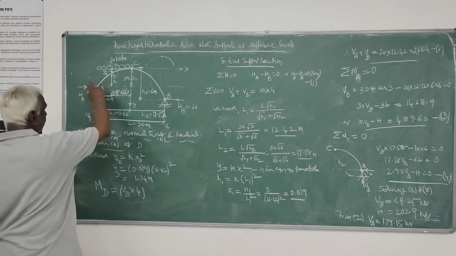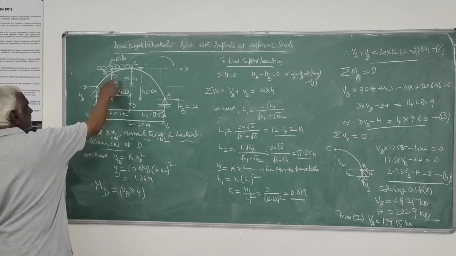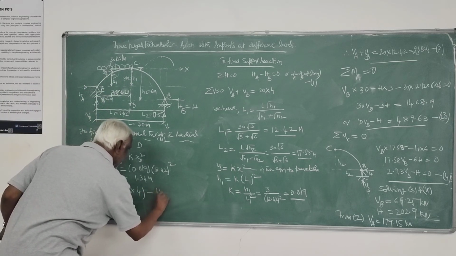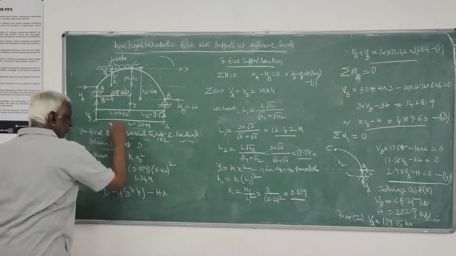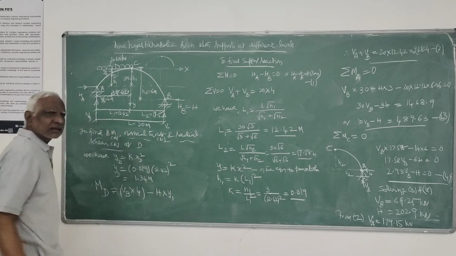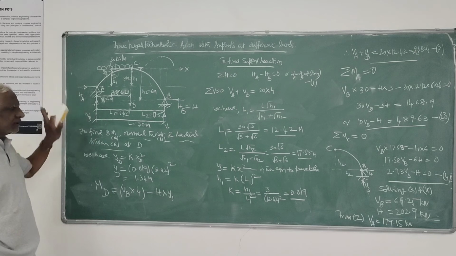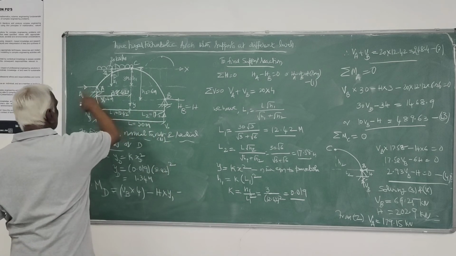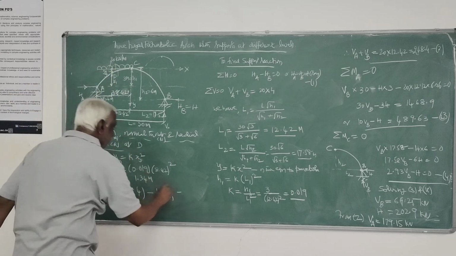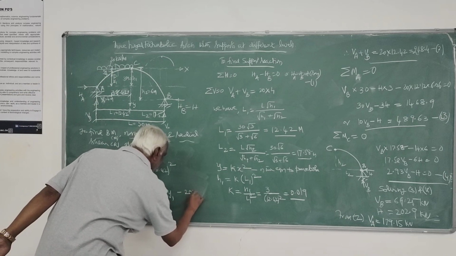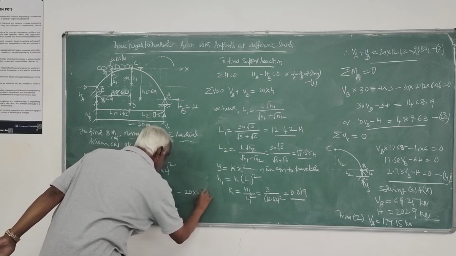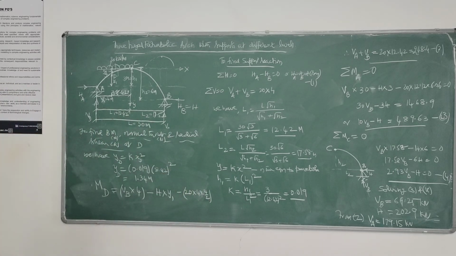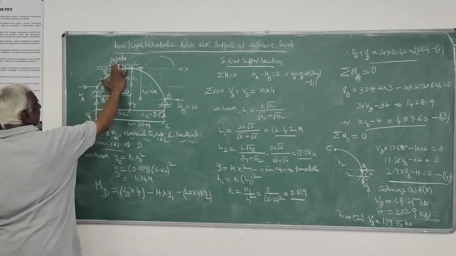So this is VB into 4 and HA minus H into this Y1. You have to be careful: H into Y1, minus 20 into 4 into 4 by 2. That's all, moment about D.